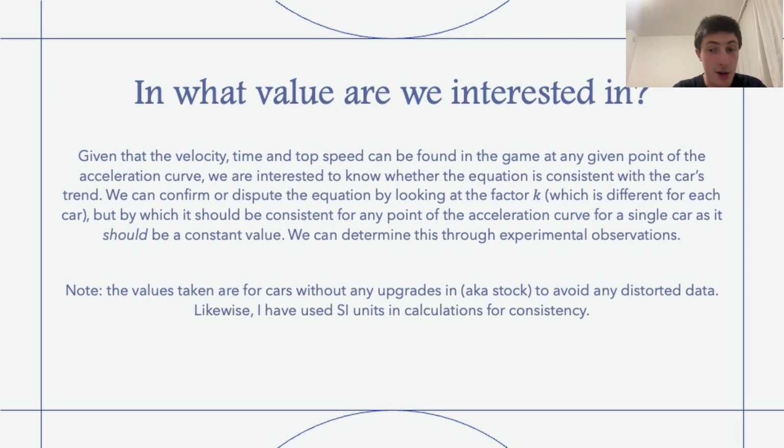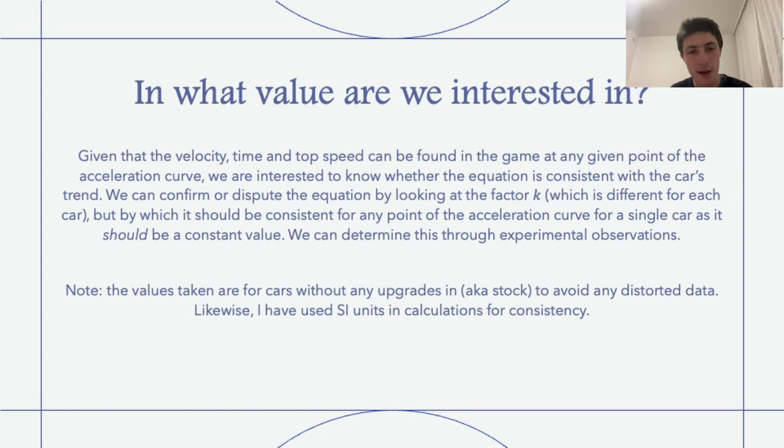From this, we can actually find the value of k, because that's what we're interested in. And you can read it in this slide that we know the velocity, the speed, we know the time, we know the top speed, and so we want a general k factor which would allow us to predict the speed, the velocity, and so the speed and the time at any point in the acceleration curve.